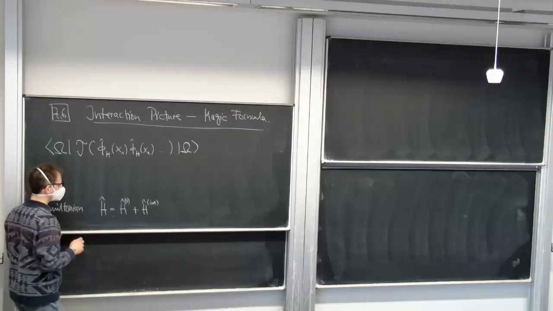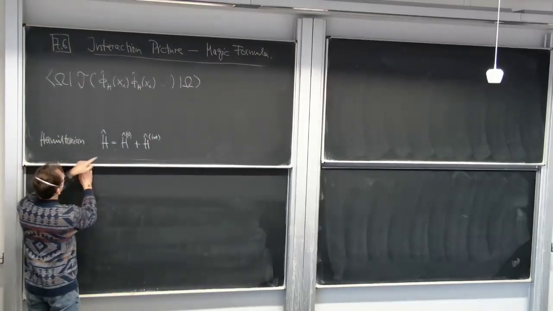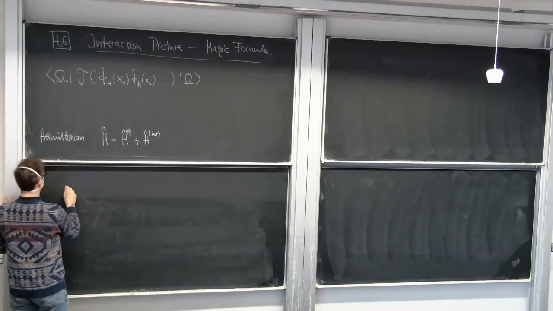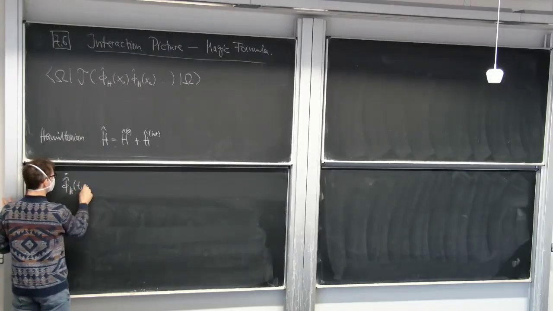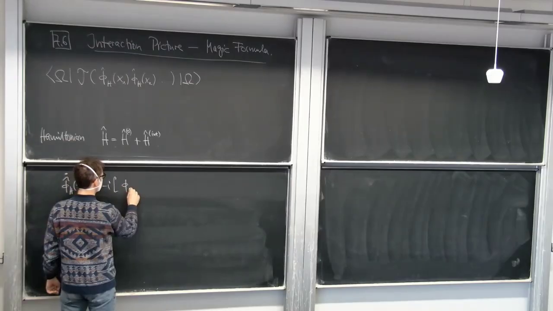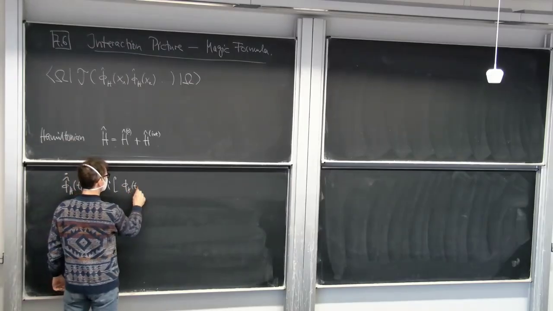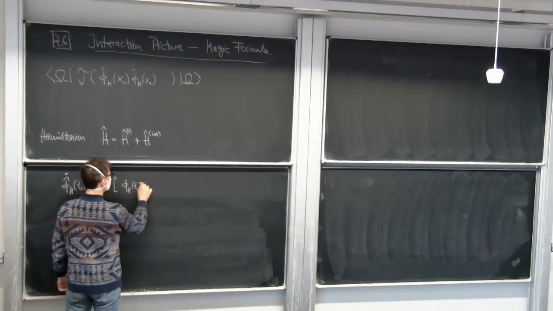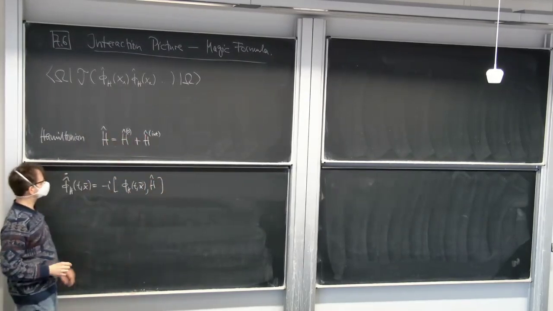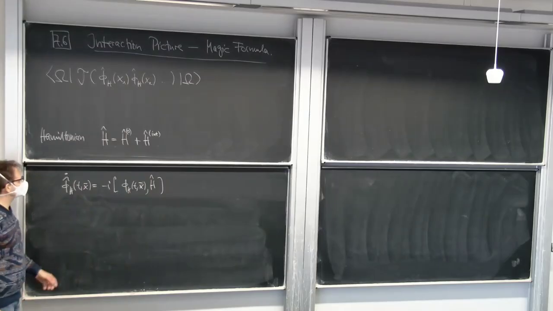And the time evolution of this field here, which I call H for Heisenberg picture, not Hamiltonian, is like this. The time derivative of this thing is the commutator with the full Hamiltonian. So that's what it just is.